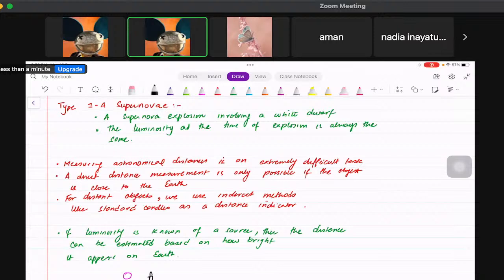Now you put up similar candles at different distances. I'd say this is A, B, C, D. You know their luminosity, how bright it looks, because the first one is the same. Would you be able to guess what the distance of D is?